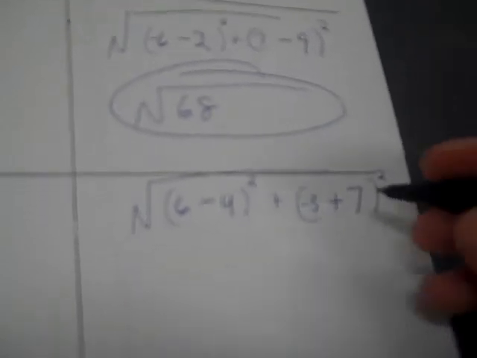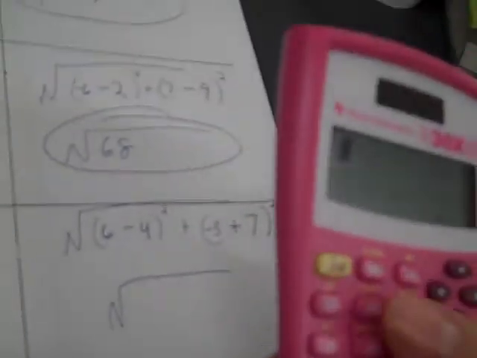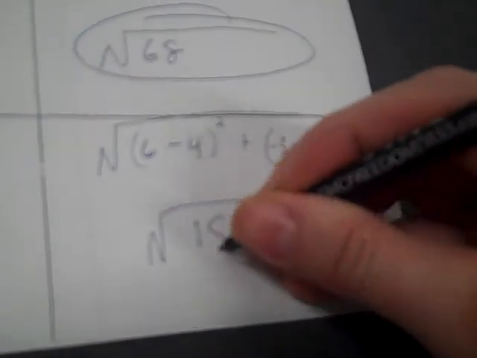Because when you subtract the negative, you're just adding the positive integer to it. So the number you're going to put after your minus is a negative, just put plus and then the positive number. So second, 6 minus 4 to the second, plus parentheses negative 3 plus 7 to the second. It's 18. Okay, I'm down with that.